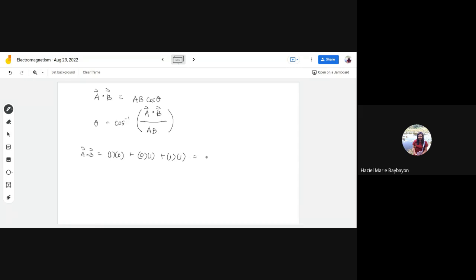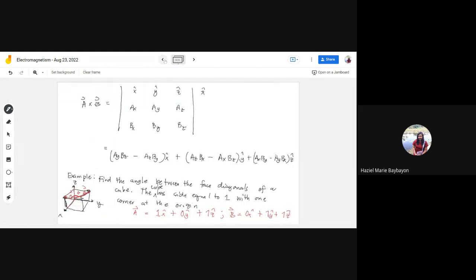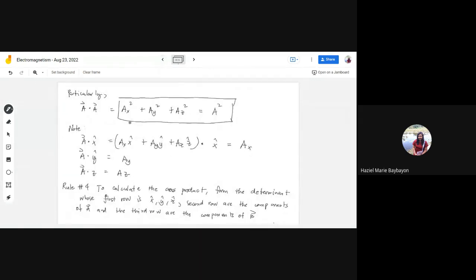So we have here, how much is it, class? This is equal to 1. Okay, so this is the dot product. Now, how do we get the magnitude of each vector? We have this equation, class.